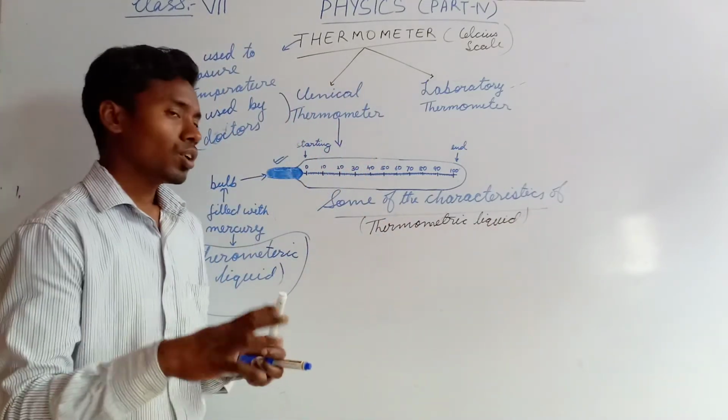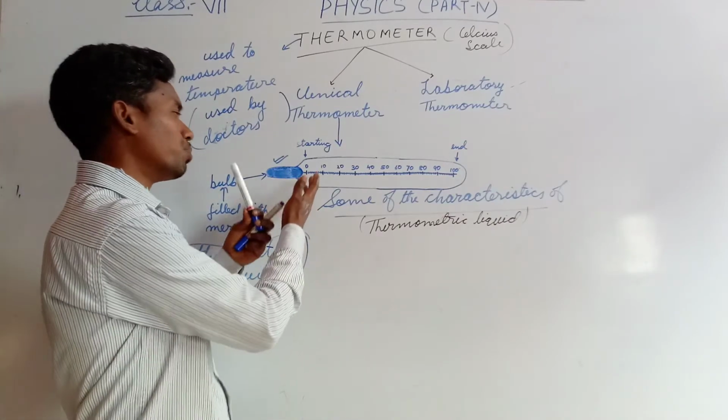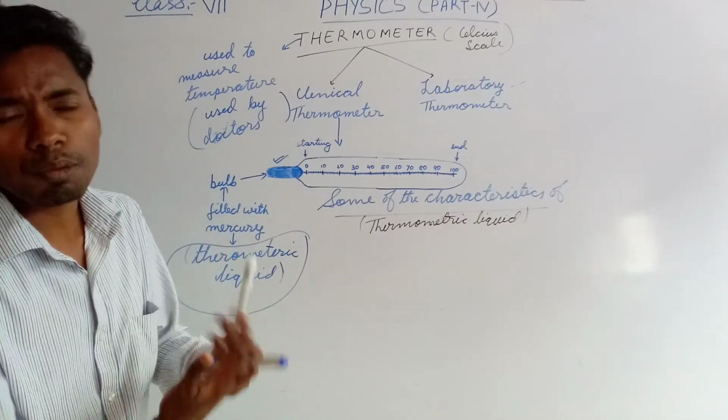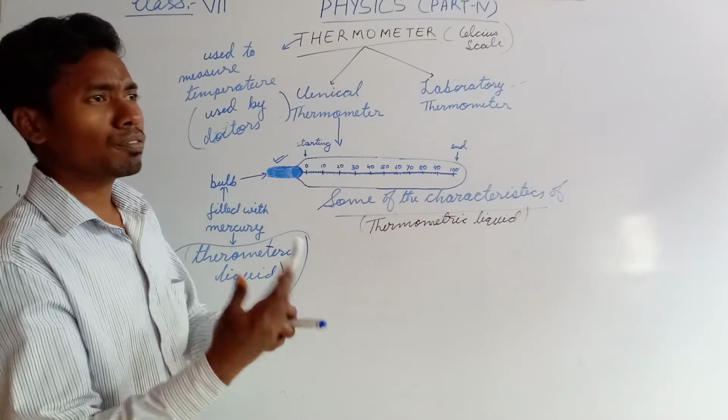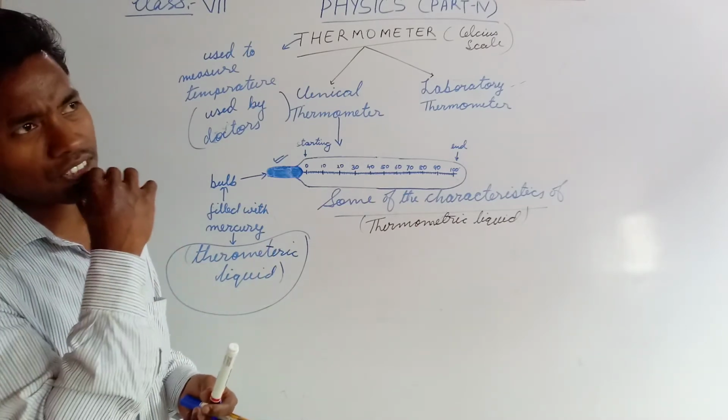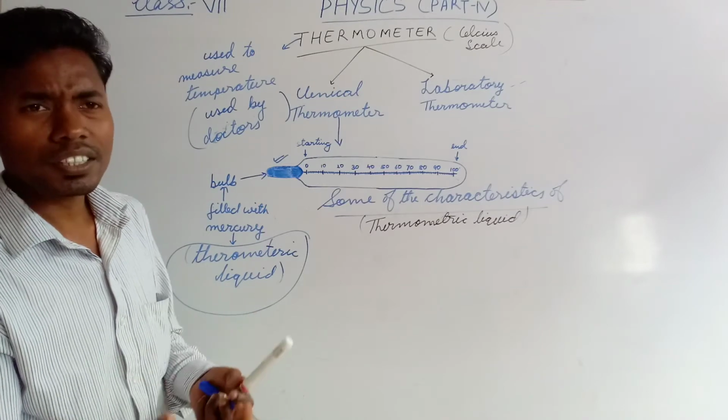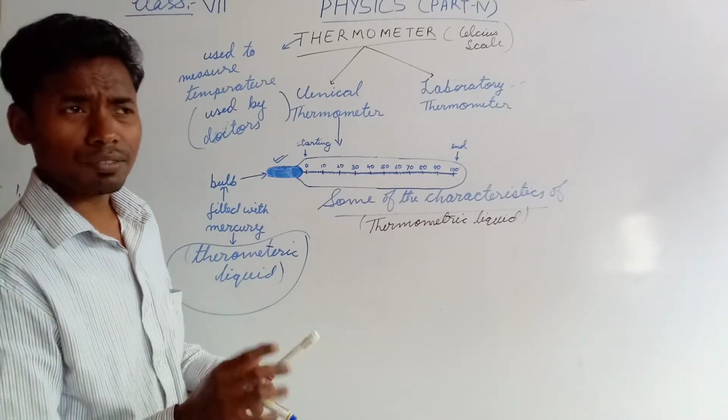So we need to measure the temperature of any body, let us say our own. There are different types of substances, some get heated very fast and some get heated very slowly.